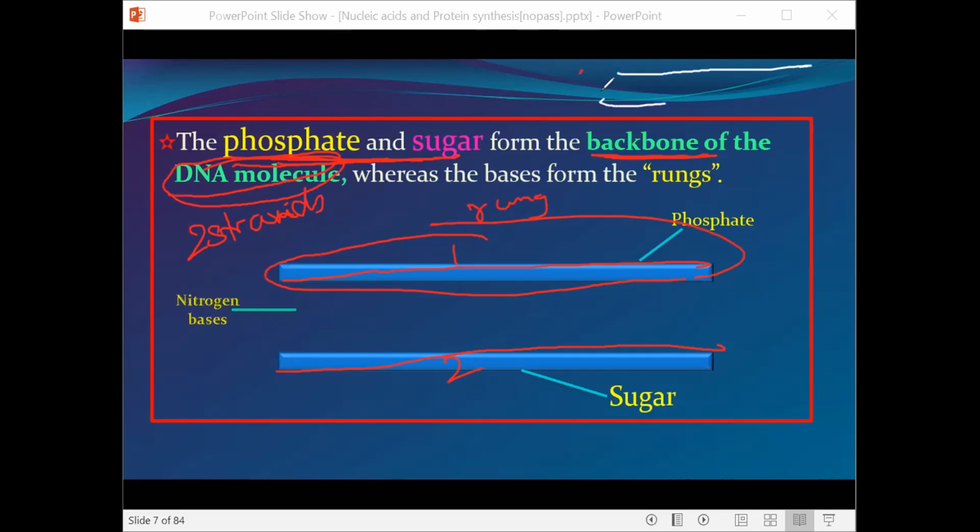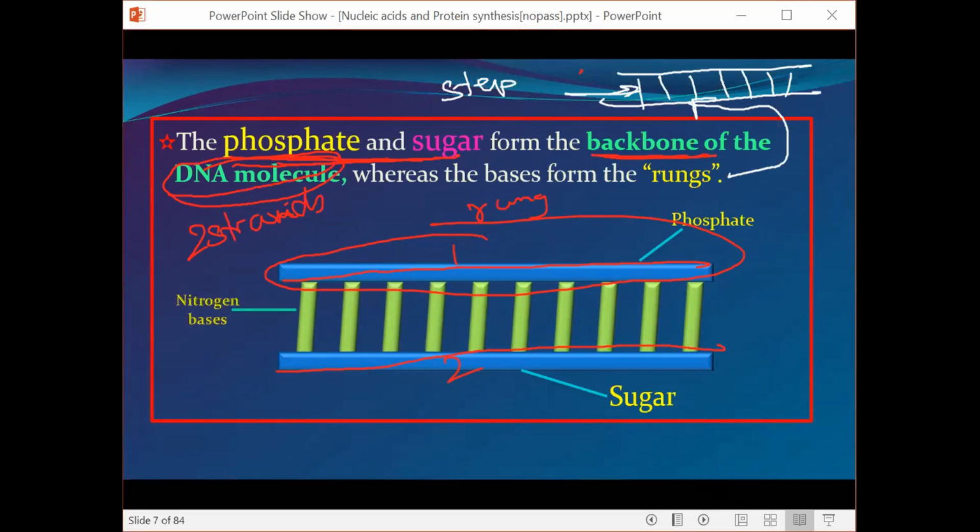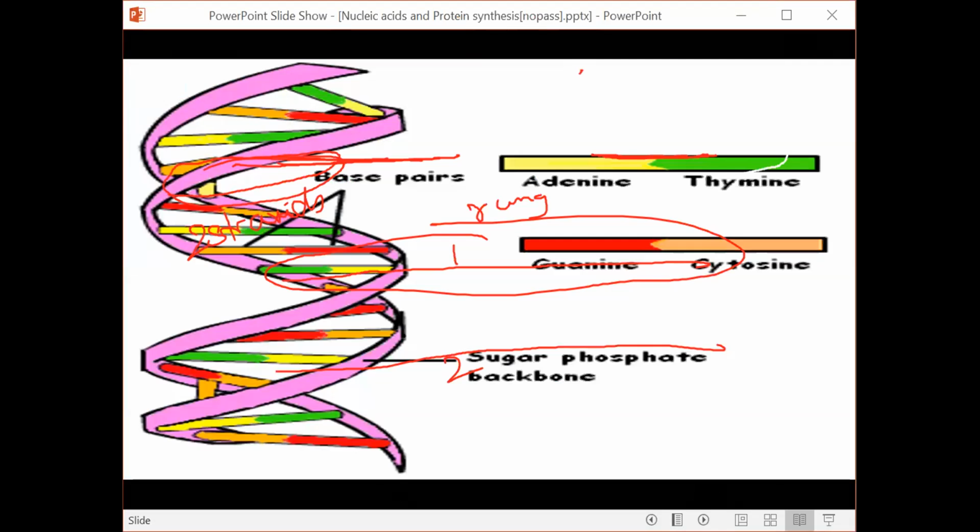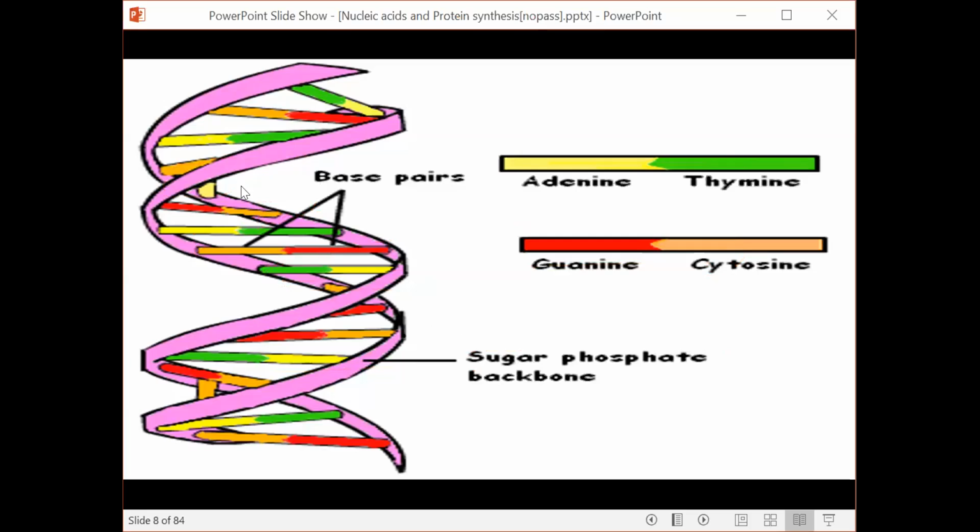If I make a ladder, this is the step. This is what is called a rung. See, a ladder. There's a green thing, that is your step. The blue thing is your rung. So this is how a DNA helix looks. You take a rope ladder.